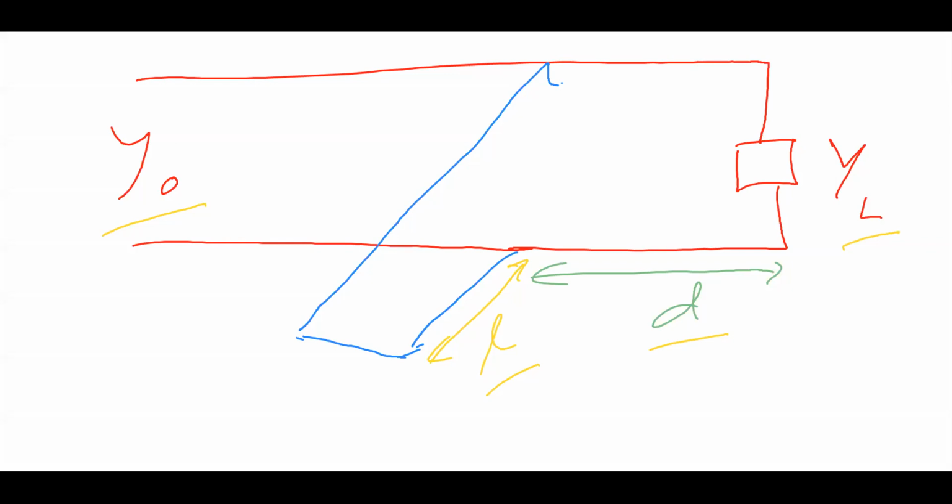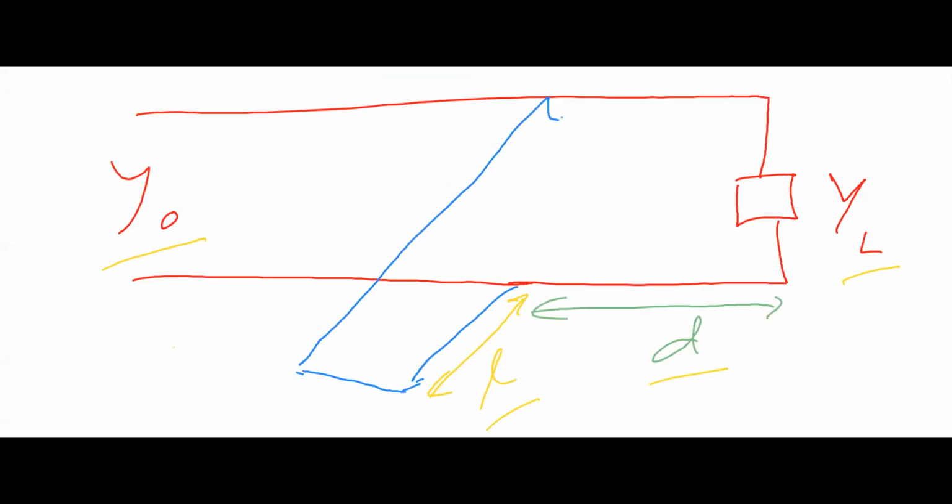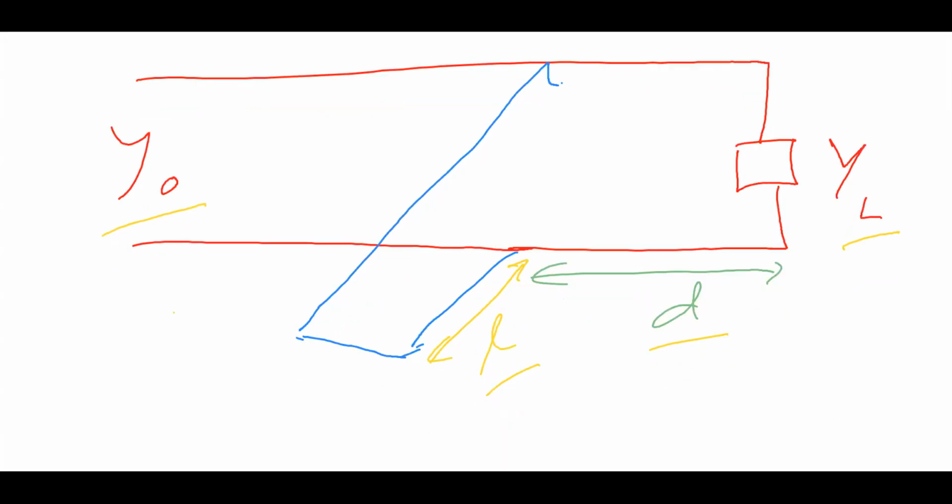So this is what the shunt stub is. Now we are going for the problem. We will solve one problem, so just take it down. Now we will go for the shunt stub problem. I hope that you are all ready with the Smith chart.